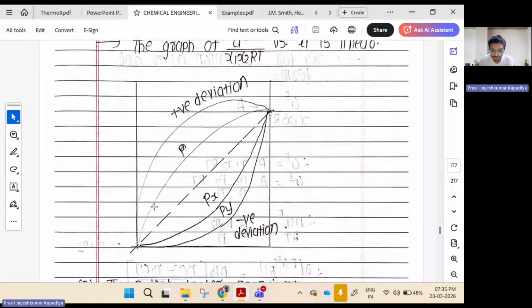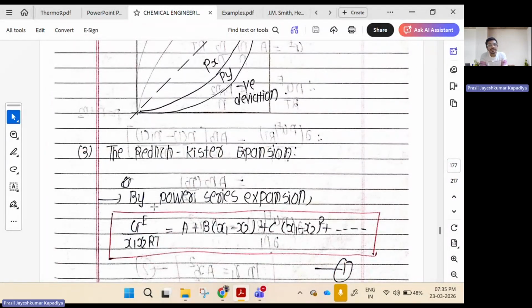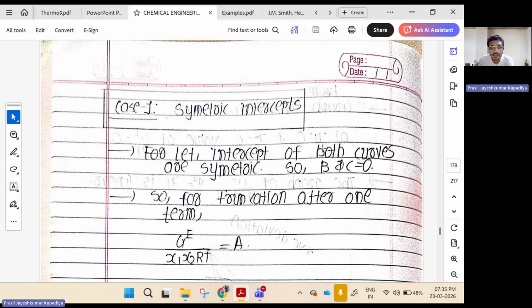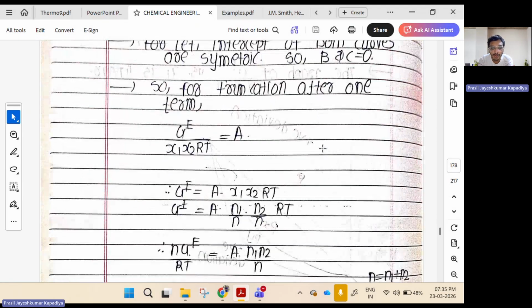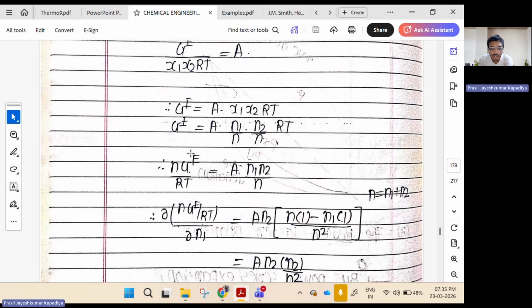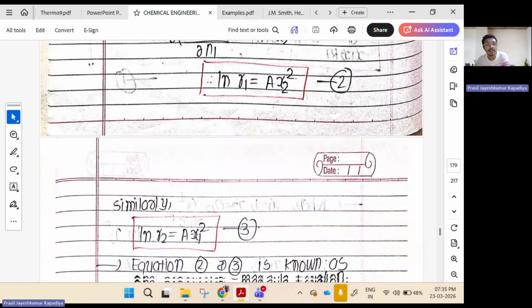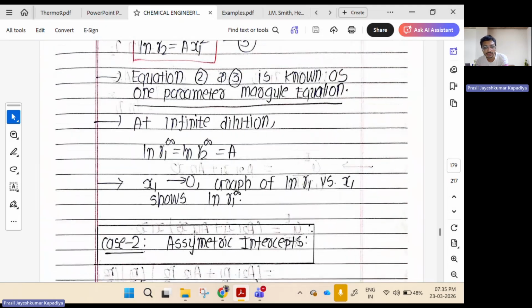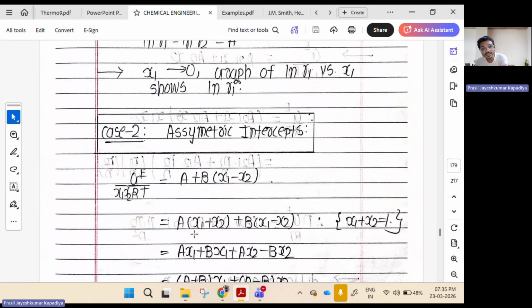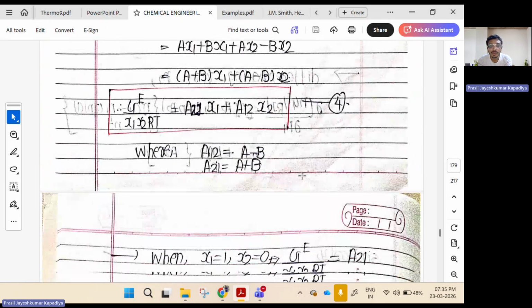Then we expressed the Redlich-Kister expansion using G by x1 x2 RT as A plus B (x1 minus x2) plus C (x1 minus x2) whole square. When I am dealing with symmetric intercepts, I took B and C as 0. So I only have this particular term, and I find that ln gamma1 is equal to A x2 square and ln gamma2 is equal to A x1 square.